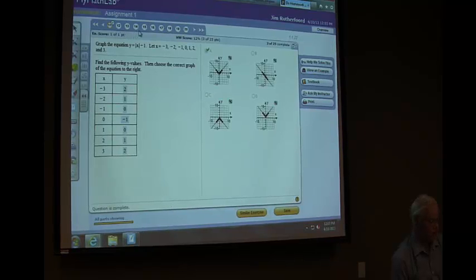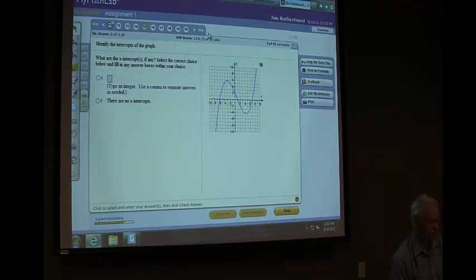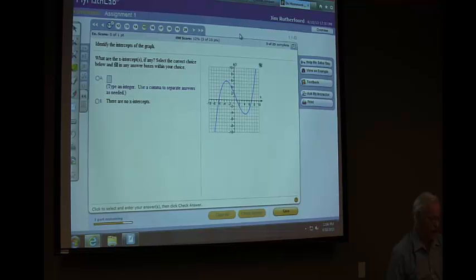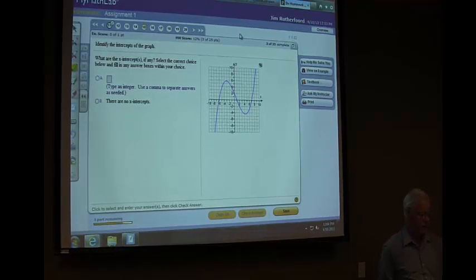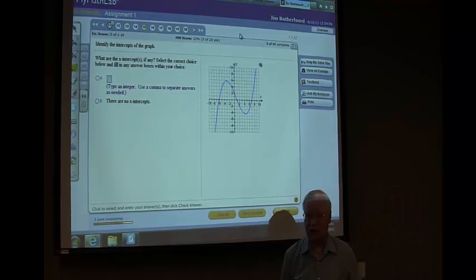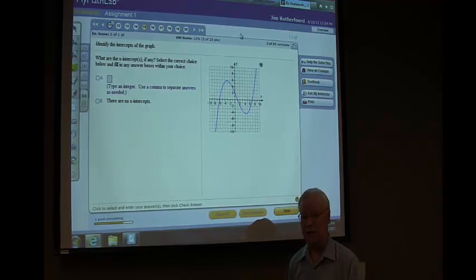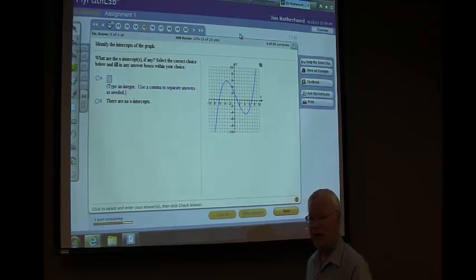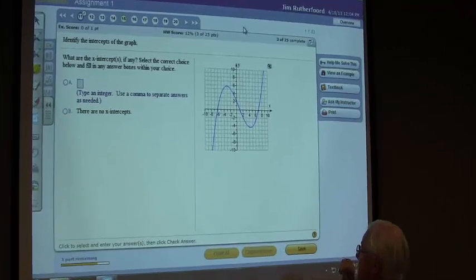Okay, let's move on to number 15. Identify the intercepts of the graph. What are the x-intercepts, if any? Well, x-intercepts, they're like intersections, where you intersect the x-axis, meaning you cross the x-axis. Well, remember from before, the x-axis is the horizontal axis. So where am I crossing it?